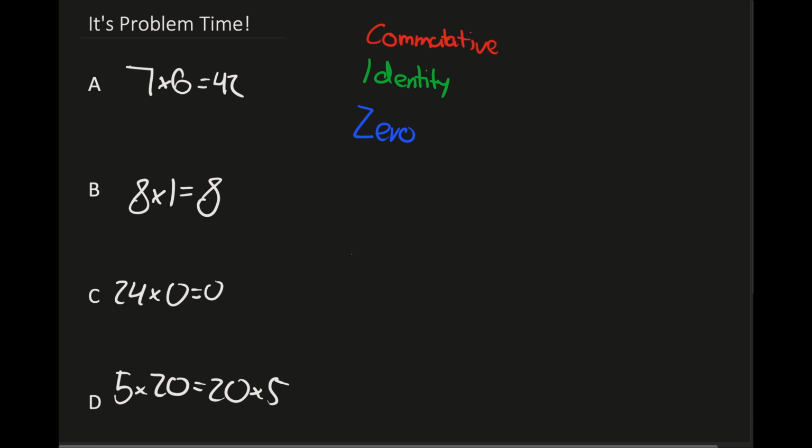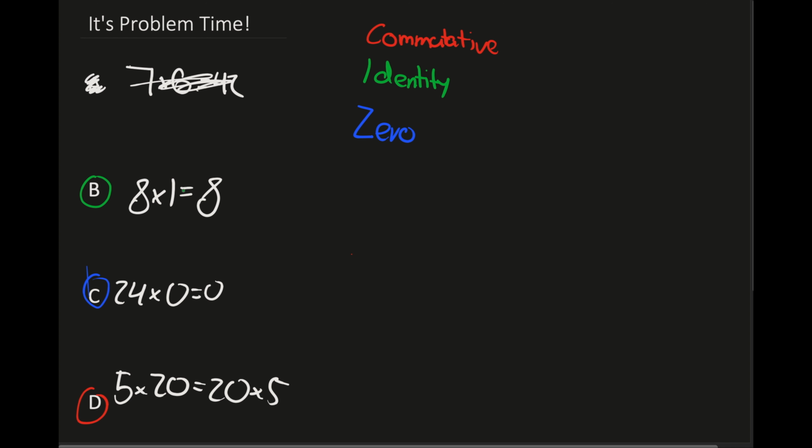Okay, so I'm assuming that you've paused the video. Now I'm actually going to circle the answers and explain it. That's commutative. That's identity. And that one's the zero property. And this one represents none of the properties. Now I'm going to explain.